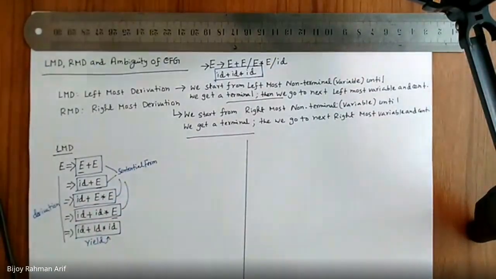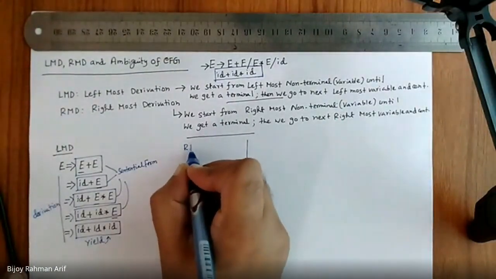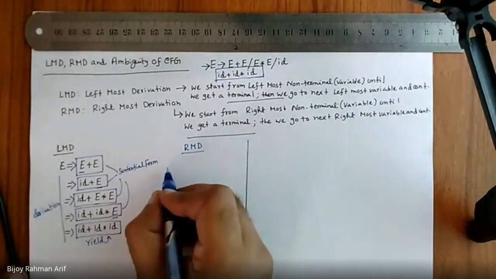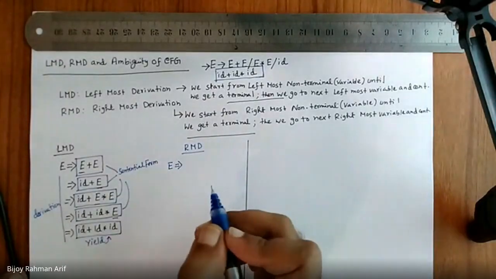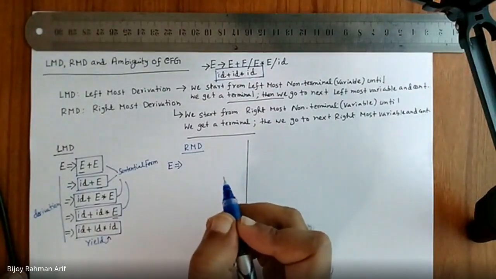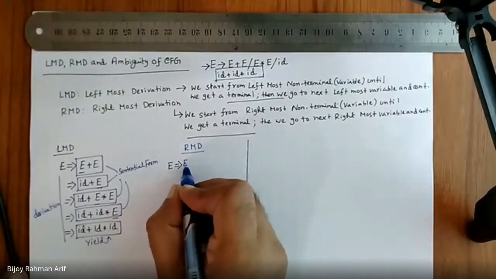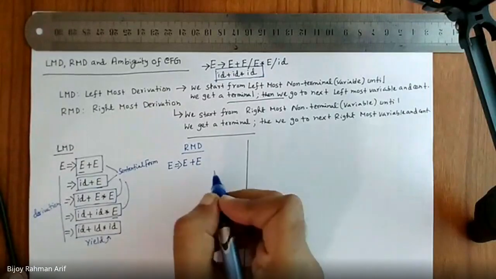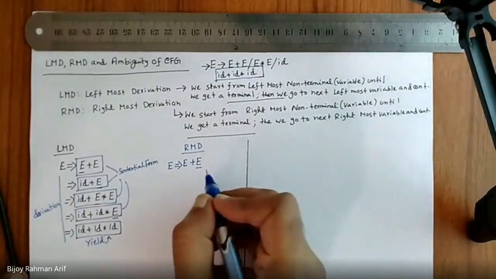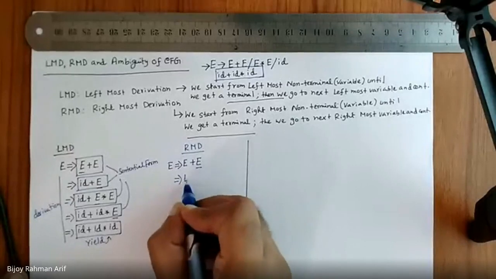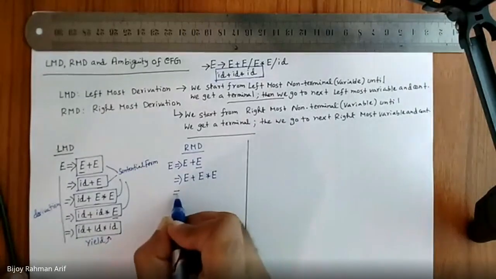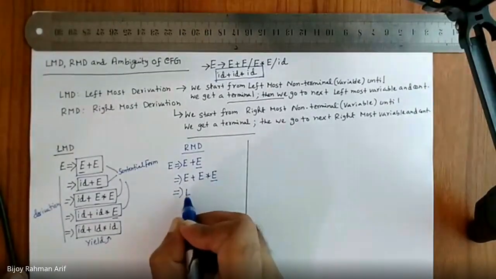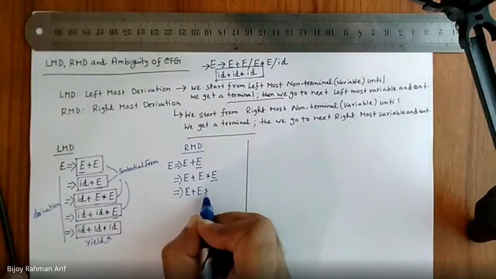Now let's do an RMD. I have to start from the start symbol, no exception. So E derives E plus E. I'm now in rightmost derivation, so I start from the rightmost variable and replace this E with E star E. Then again I take the rightmost variable, so this becomes E plus E star ID.